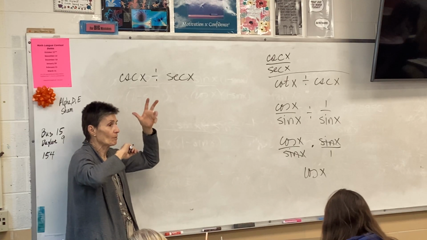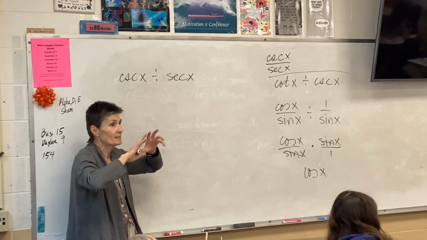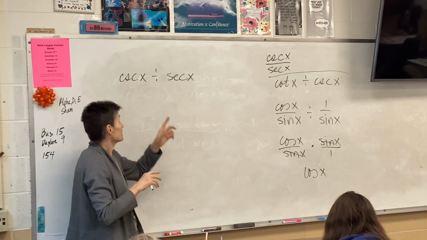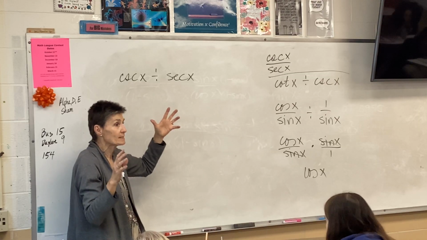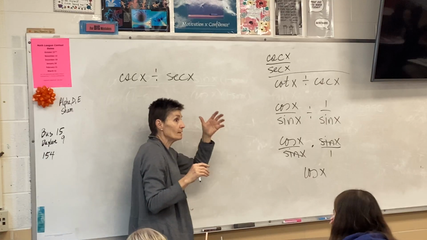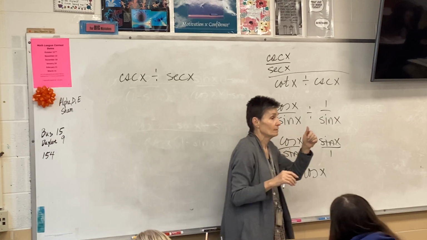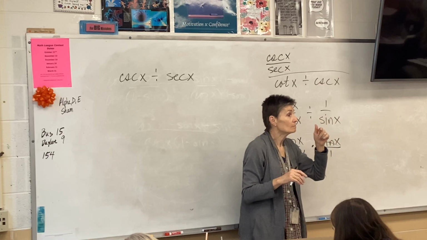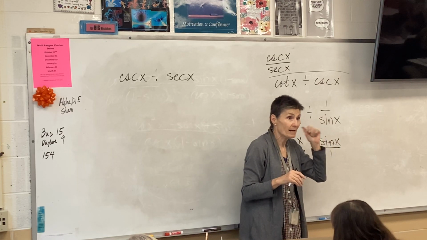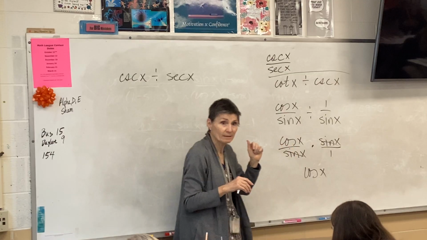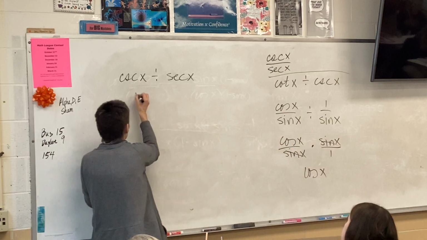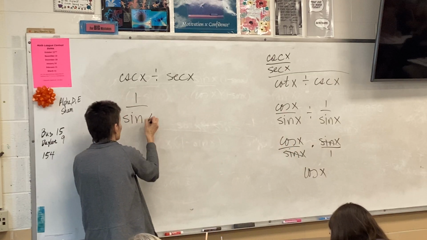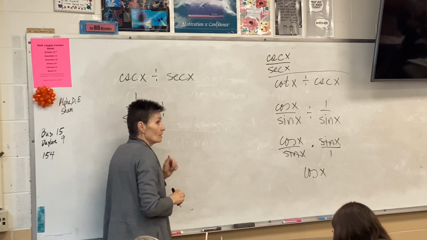Now Esti's getting out her orange sheet because she knows what's coming next. What's coming next is you have to figure out what is cosecant. What does cosecant equal? 1 over sine. It's the reciprocal of the sine. So cosecant is 1 over sine.